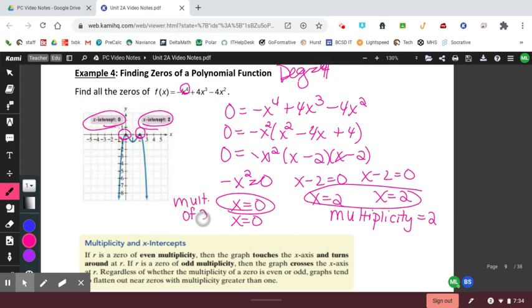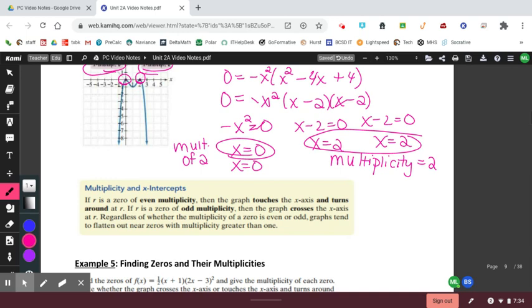And when your multiplicity is even, your graph will bounce at the x-axis. So if a root has an even multiplicity, it touches the x-axis and turns around. If a zero has an odd multiplicity, it crosses the x-axis at that root.